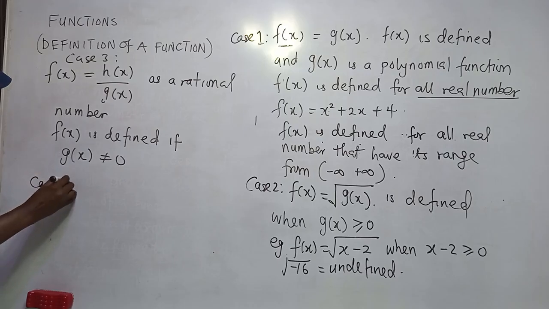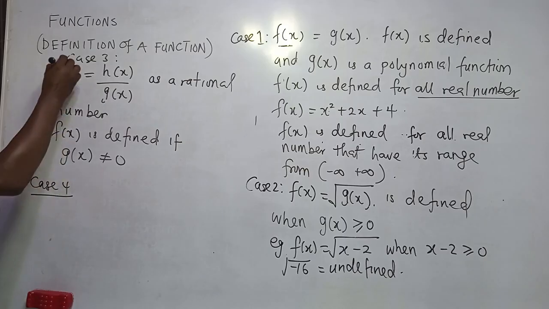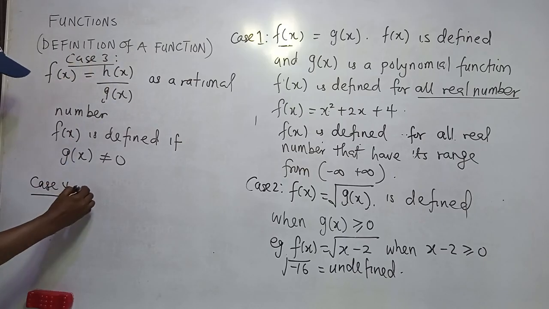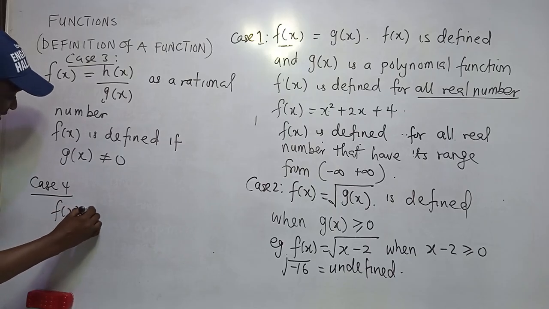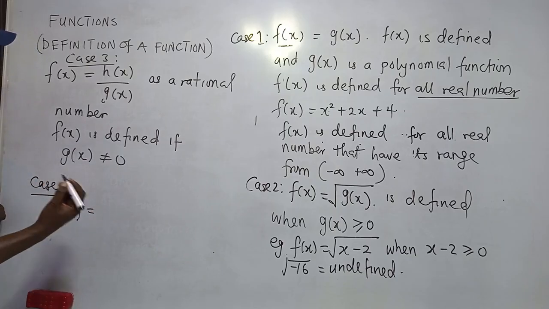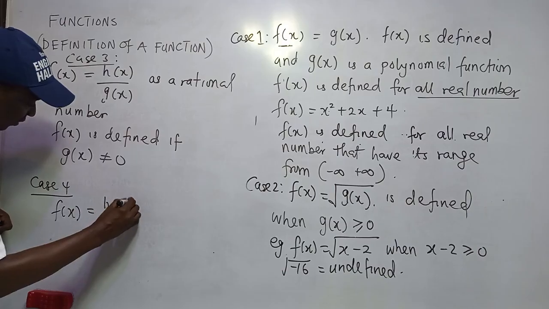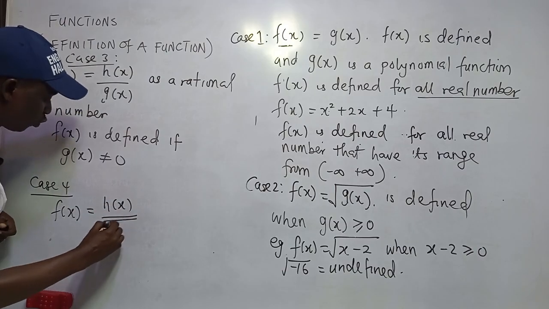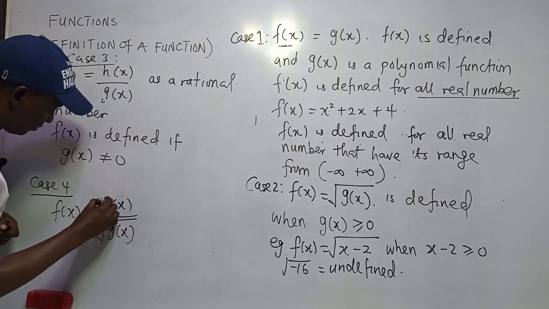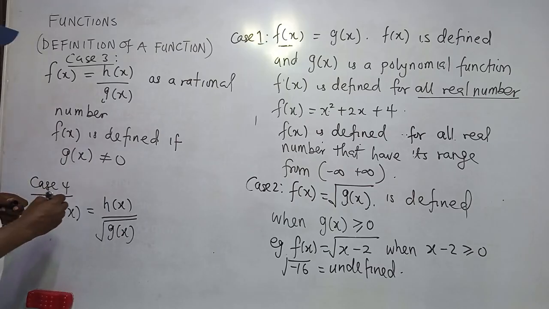Case 4. Now, if you have a function like this, f of x given as, let's say, h of x over square root of g of x, like this.